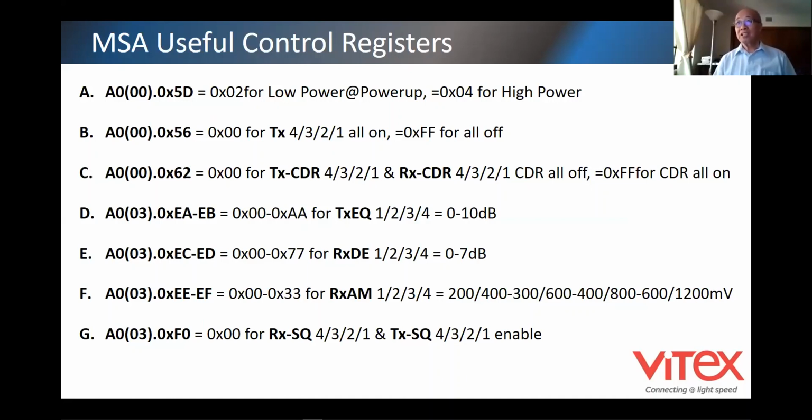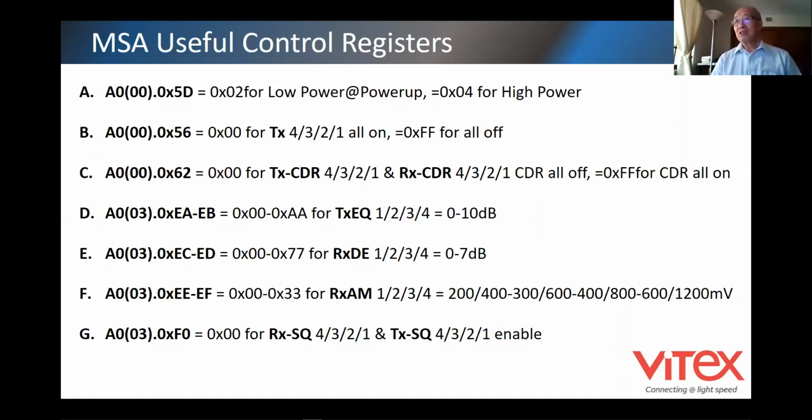So when you plug it in, nothing happens. You can notice that the current is very low, so there is no optical power coming out. By then, the first thing you should do is look at A0 5D and change it into 04 hex. It should activate your high power.